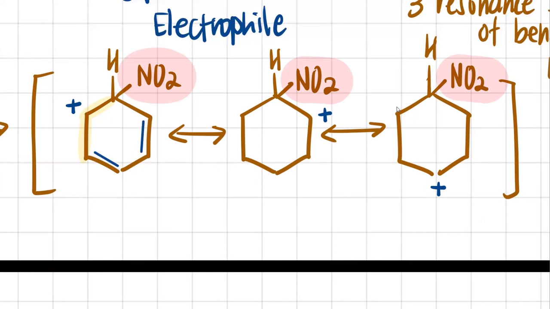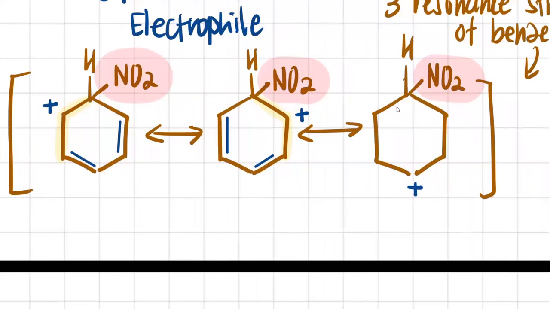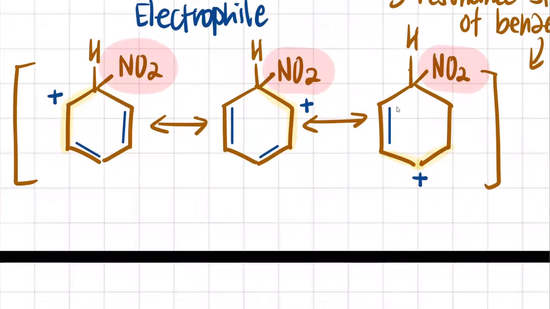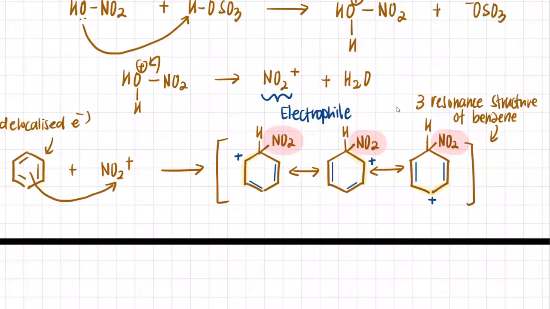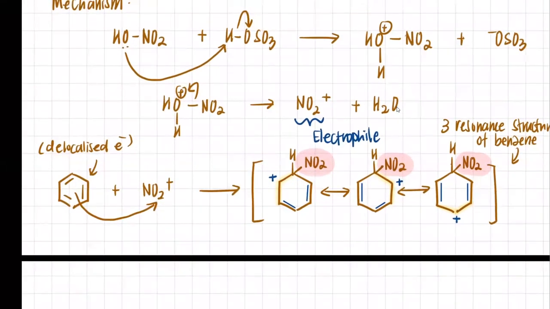Next, left side and right side, we don't put double bond, we begin here, 1 and 2. Same thing goes here, 1, 2, no double bond, and we begin here and here. So this is how we assign the double bonds for the resonance structure.